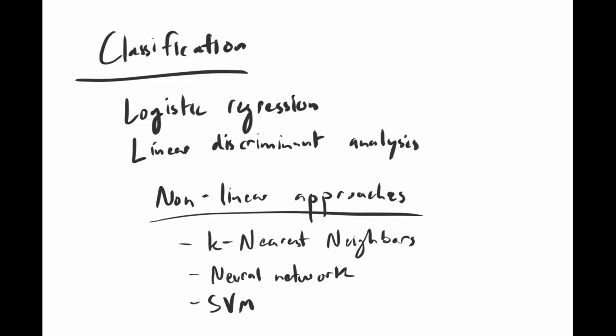And so these are different techniques of classification that can be used and applied to look at data where your response variable is comprised of discrete classes rather than continuous observations.